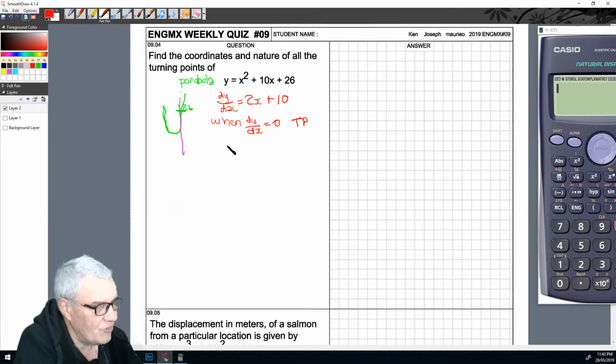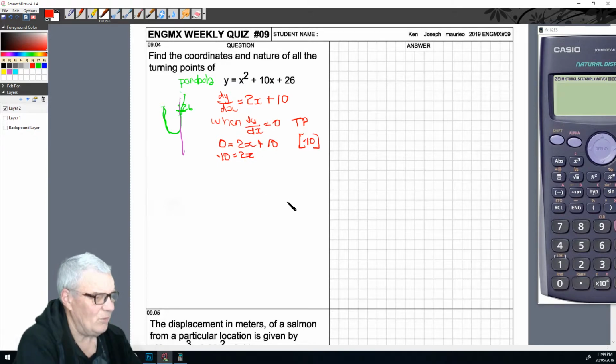Okay, so therefore 0 equals 2x plus 10. So if I subtract 10 from each side, I get negative 10 equals 2x.